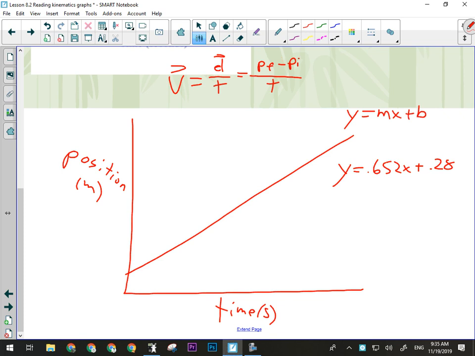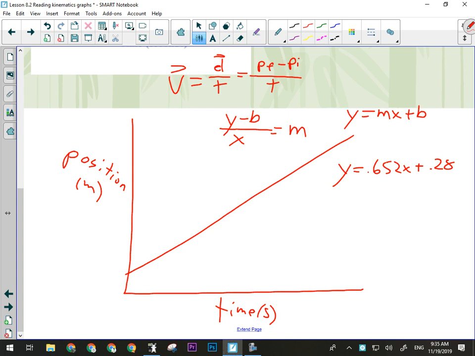So if I want to solve for the slope, I'm solving for m. To solve for m, I'm going to subtract b, so I'll have y minus b, and then I'm going to do what with x? Divide by x. Does that formula look a lot like that? Because they're the same thing.